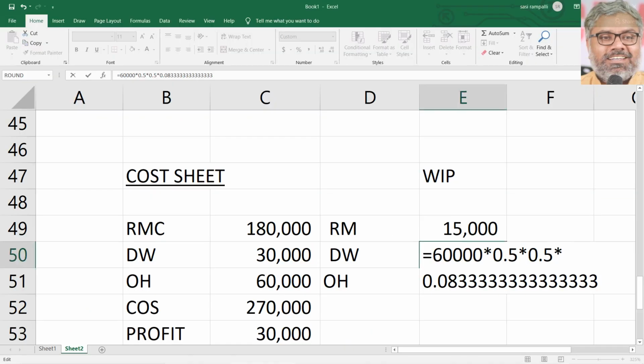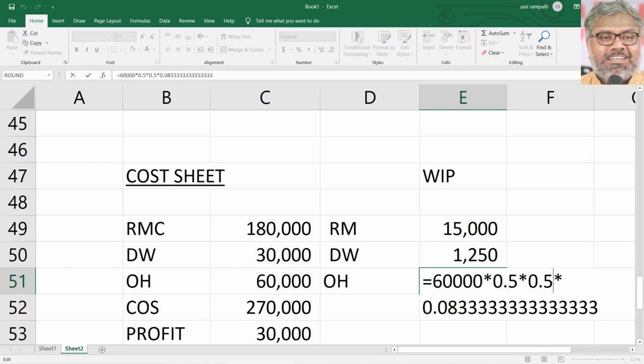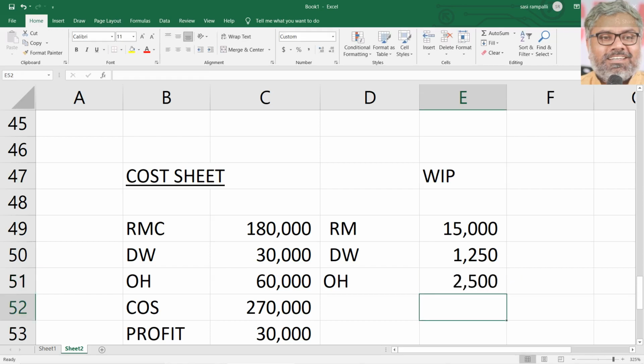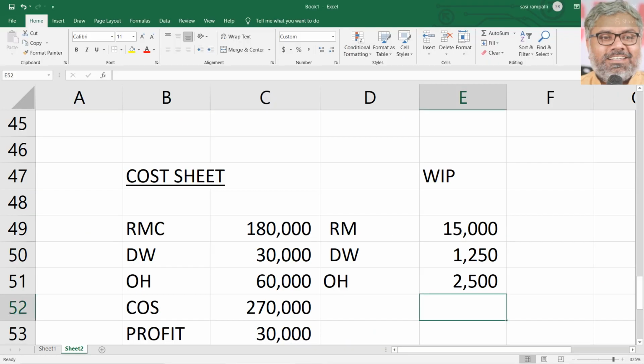So 0.5 is the cost per unit. 0.5 here is half a month, which is just to take an average. So how much will that be? That will be 1,250. In the same way, for overheads, 60,000 into 1 rupee, but for half a month only, into 1 by 12 or half by 12, 0.5 by 12, both are the same. So that is going to be 2,500.